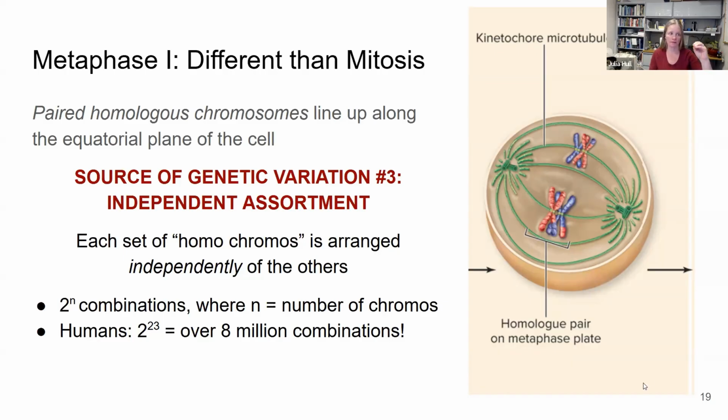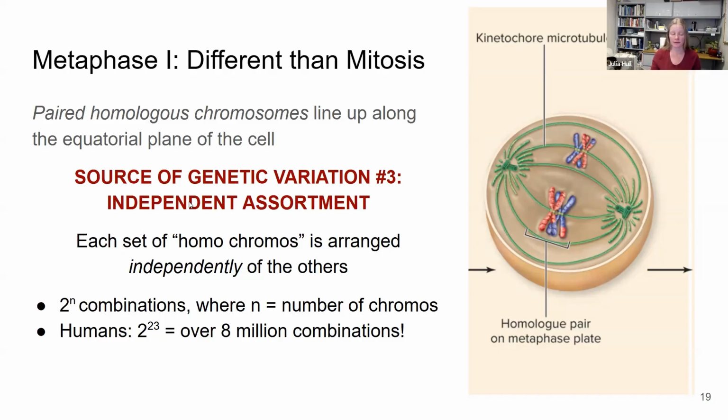And the important part of metaphase one is that as those homologous chromosomes are lining up along that equatorial plane, they're going to line up independent of each other. So if we get the orange marker from mom and the blue marker from dad, each set of homologous chromosomes can arrange themselves in either orientation. It doesn't matter. Okay? They're independent of each other.